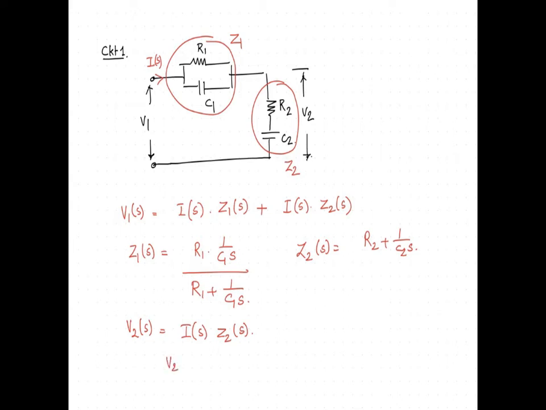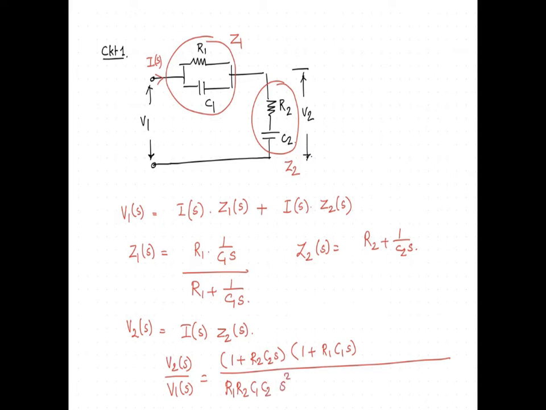Simplifying, we get V2(s)/V1(s) as (1 + R2 C2 s) into (1 + R1 C1 s), the whole divided by R1 R2 C1 C2 s² plus (R1 C1 + R2 C2 + R1 C2) into s plus 1.